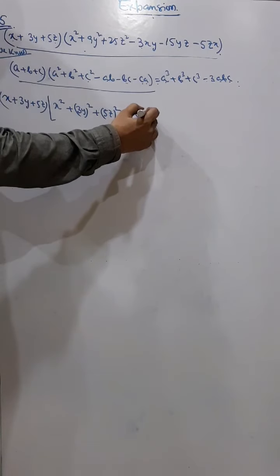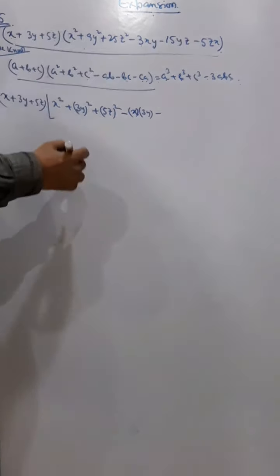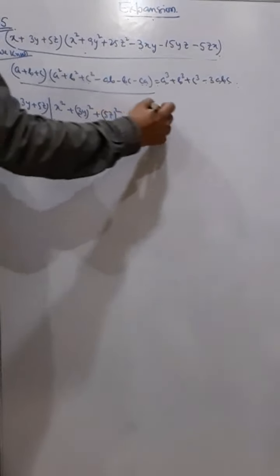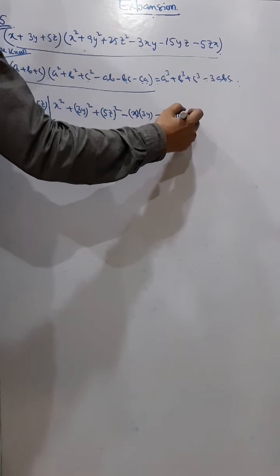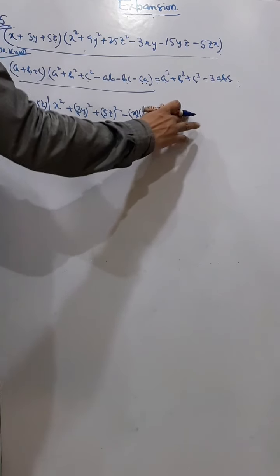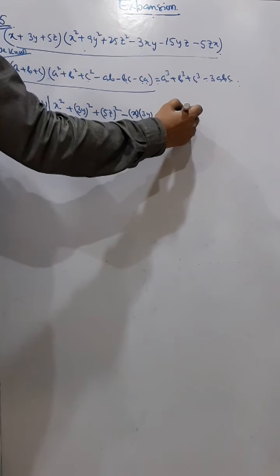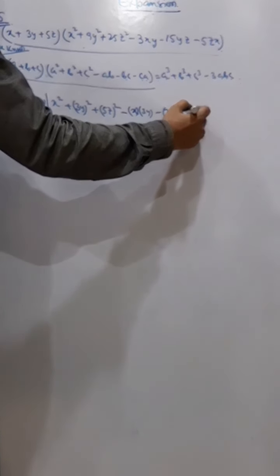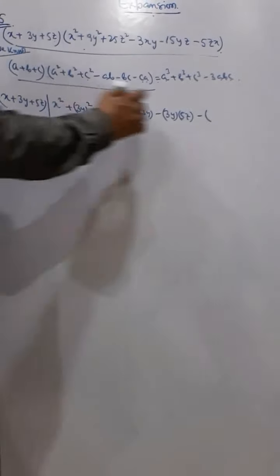So minus ab means a into b, minus bc means b into c, that is 3y into 5z, and minus ca means c into a.